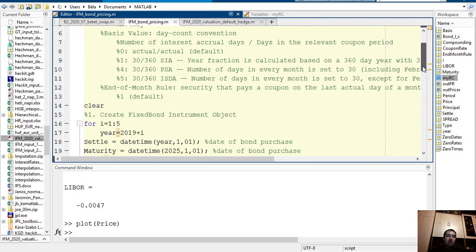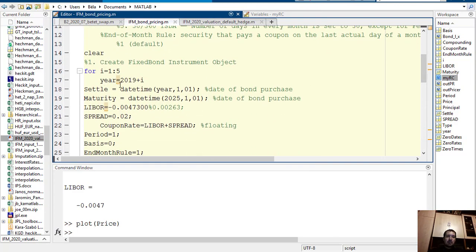But you can ask the question, okay, but it's a floating bond. So what is happening with the price when the LIBOR moves away from this miserable state? So let's see that.